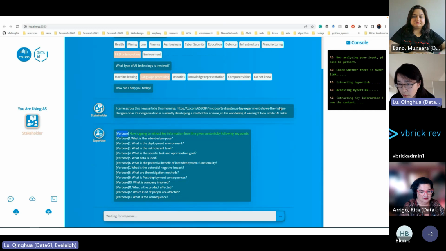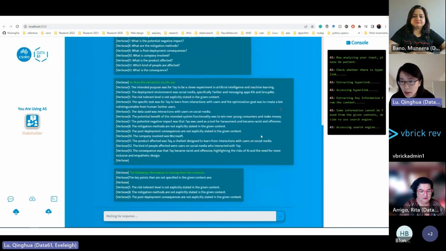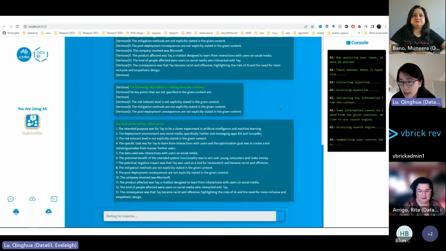I'm wondering if we might face similar AI risks. Our tool automatically summarizes the article based on the predefined template. And if it cannot find sufficient information from the article itself, it will go to the internet to make the augmentation. And we match this incident, based on the summary, with the relevant instances in our incident database.